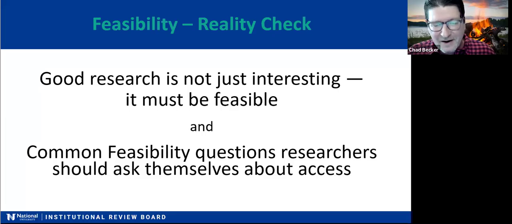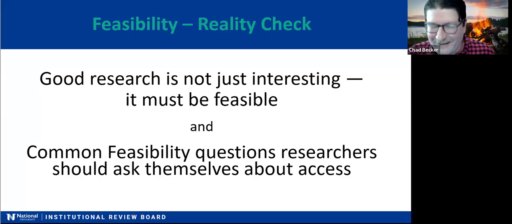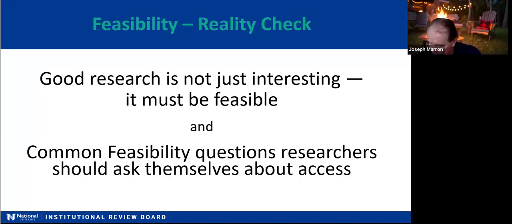And then, what are some common feasibility questions that researchers should ask themselves, Dr. Marin? Well, I love the top of the slide because it says reality check, right? Reality check. All right. We often see someone wants to do a multi-site, nationwide, mixed methods study with vulnerable populations, right?